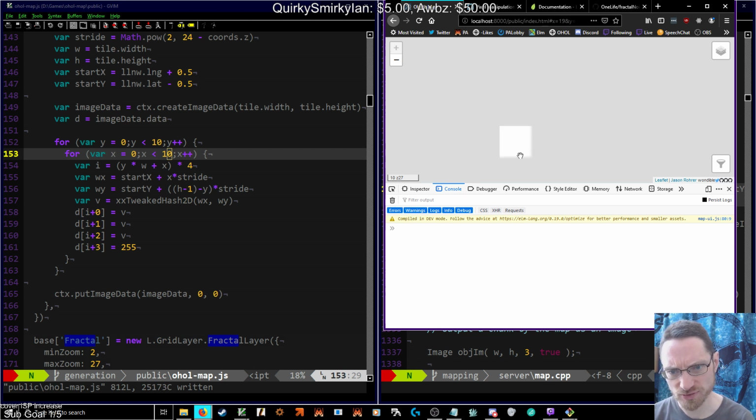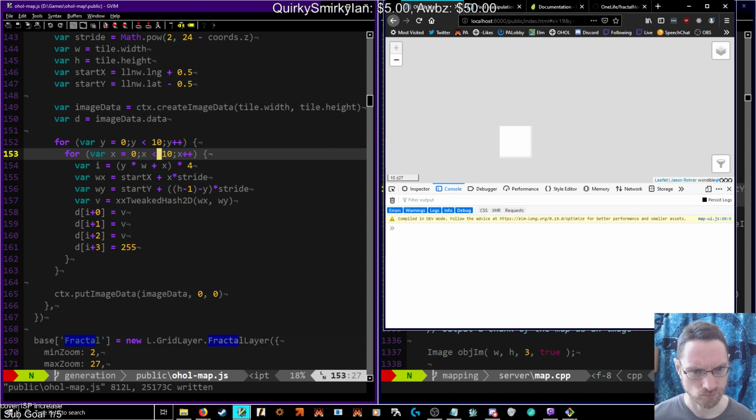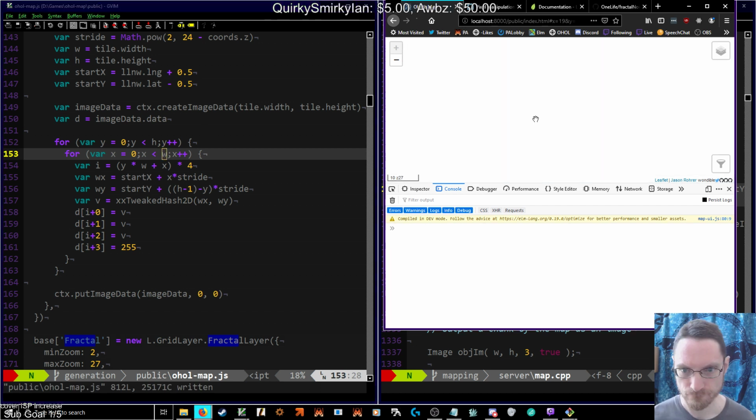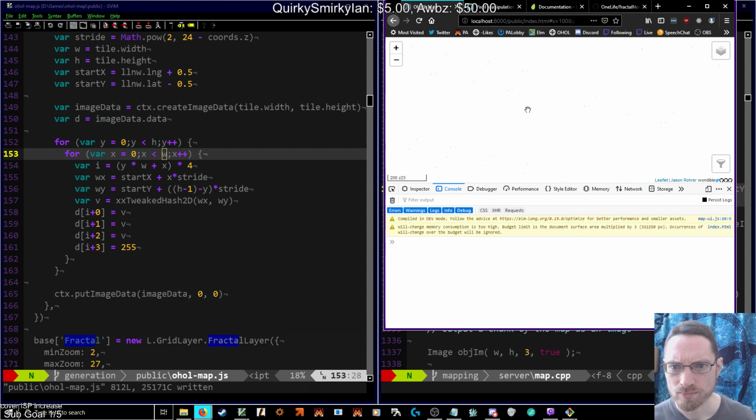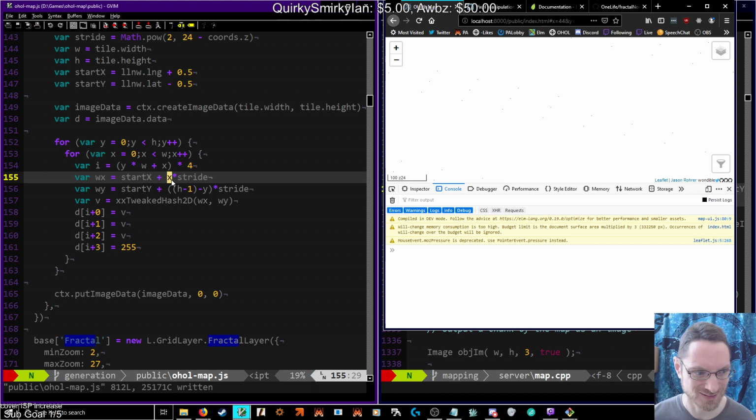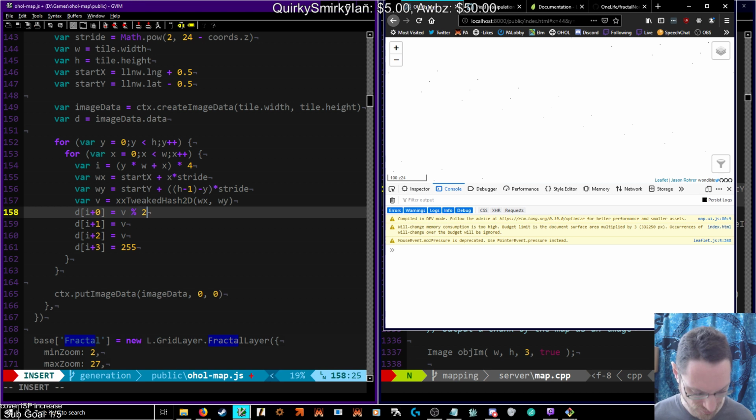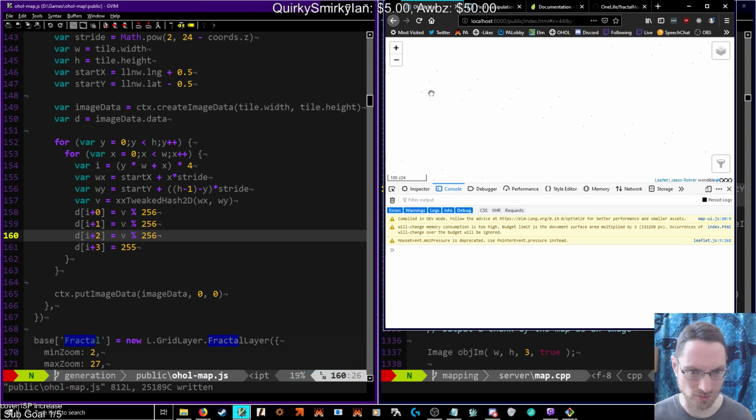Well, it's white, but it has a faded edge. That could be some weirdness with starting at 0. Yeah, okay, so this is not doing great work right now. Although this is probably a larger space than 256, which I really should have thought of.